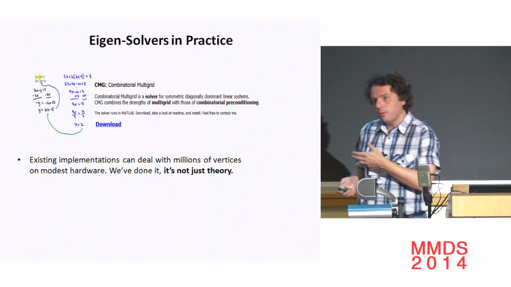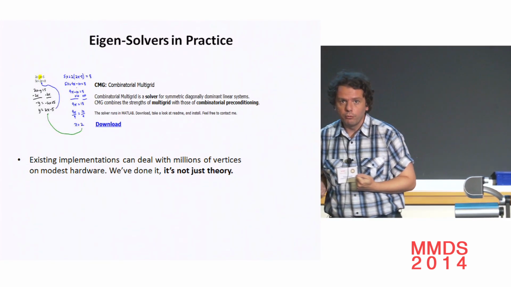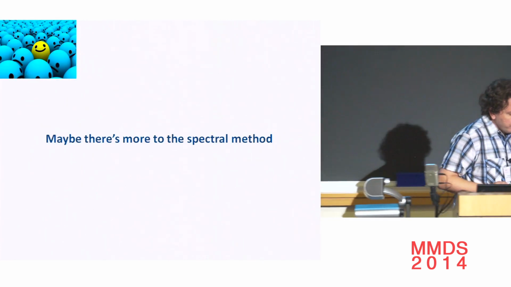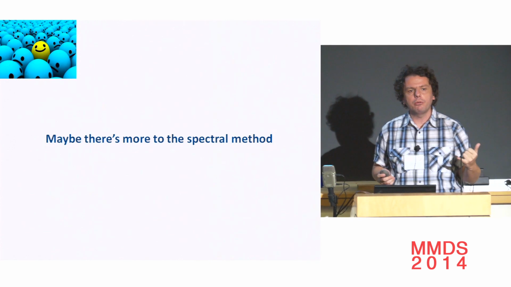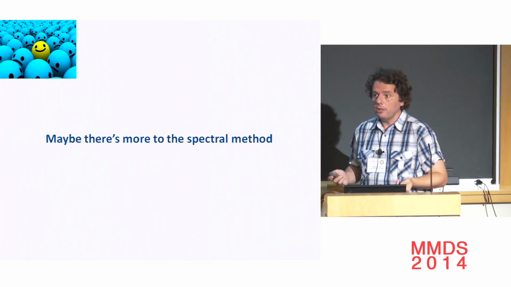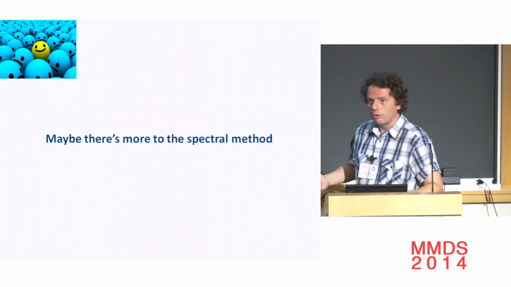This is actually something we've done, and it's not just theory. You can download the code from my webpage. Okay. So that's a good thing, because we have something that gives us non-trivial information about the partitioning of the graph, but also something that can be done fairly well in very large graphs. So maybe there's more to the spectral method.